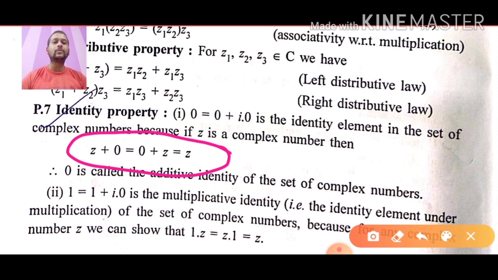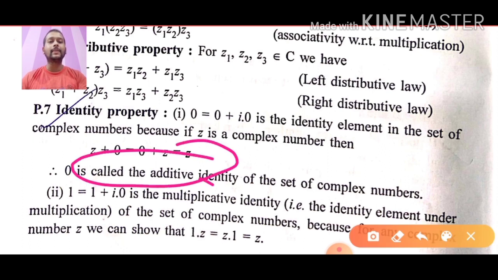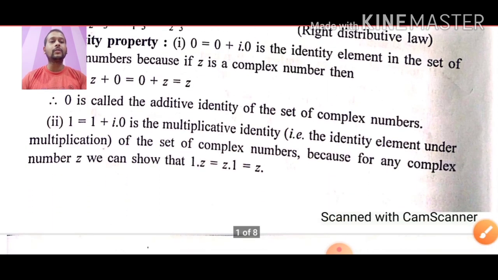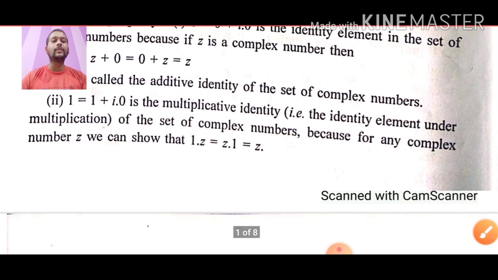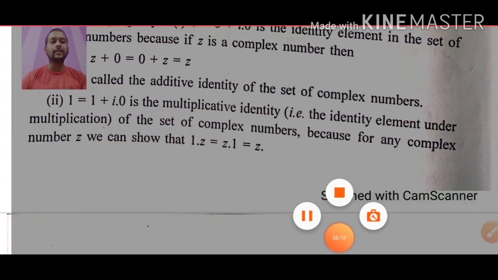So 0 is called the additive identity, and 1 is called the multiplicative identity, because on multiplication of 1 to a complex number, we get the complex number itself. So it is basically the same as what you have learned before in case of other numbers.